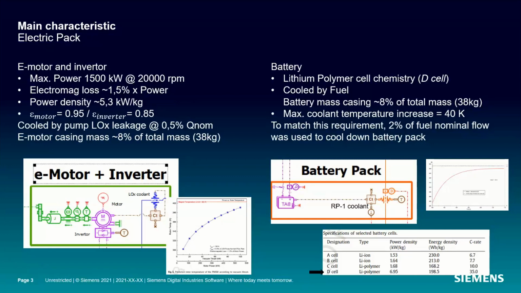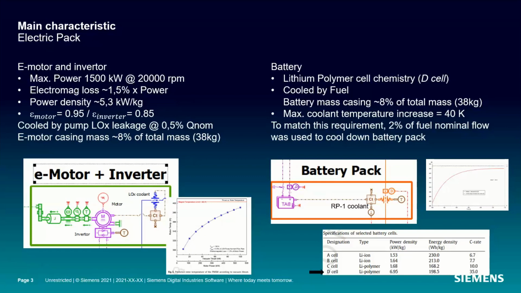We knew that the power density of the electrical storage was going to be 5.3 kilowatts per kilogram, the efficiency of the motor was 95%, and the efficiency of the inverter was 85%. We had the leakage known by the pump, the liquid oxygen leakage at 0.5%, and we know that the casing had a specific mass of roughly 38 kilograms.